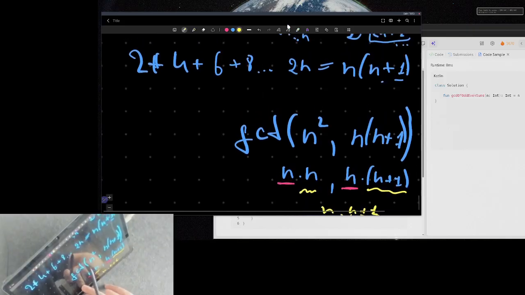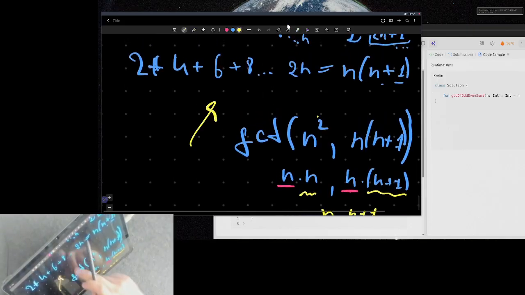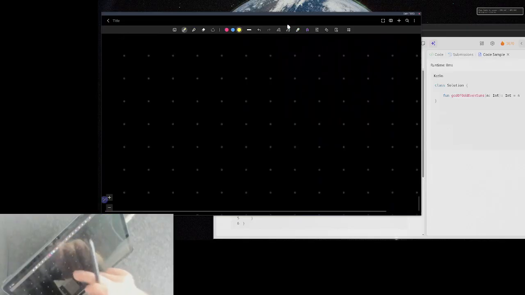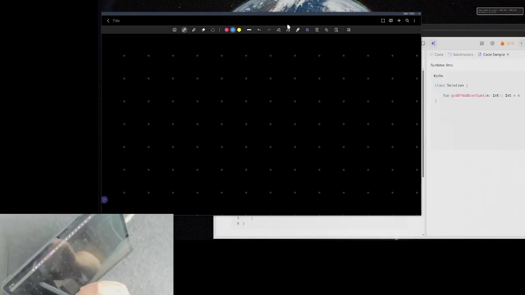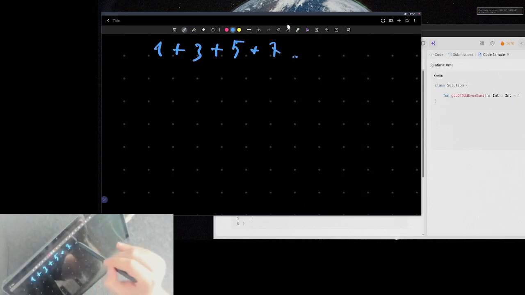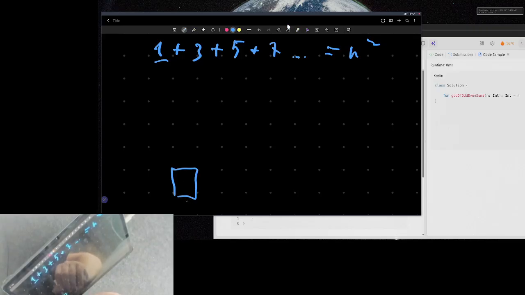Okay, this is a kind of mathematical proof, but let me show you what else I discovered. It's an interesting way to prove that when you have this odd sequence, the sum is n squared. Imagine you have 1, and 1 is just this cell.